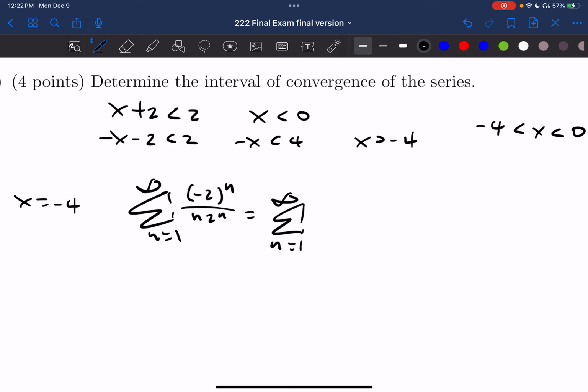We're going to have negative 1 to the n times 2 to the n on top, and the 2 to the n on the top and the 2 to the n on the bottom will cancel, leaving us with negative 1 to the n divided by n.